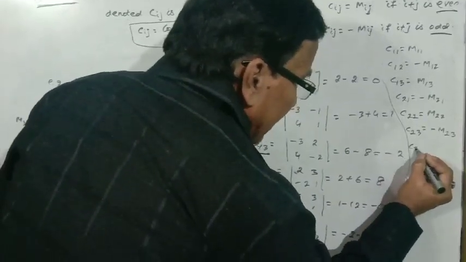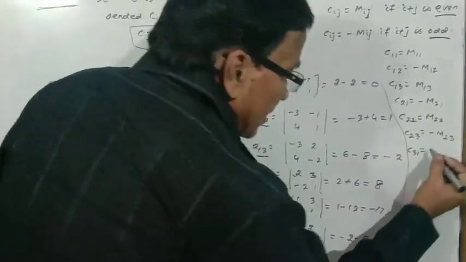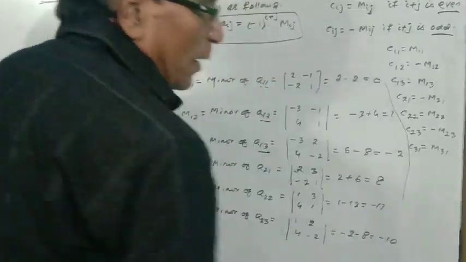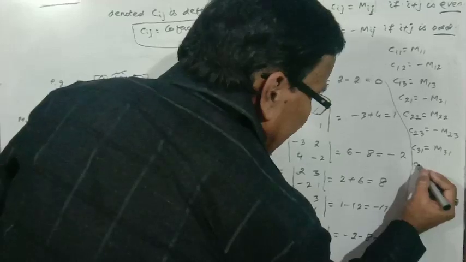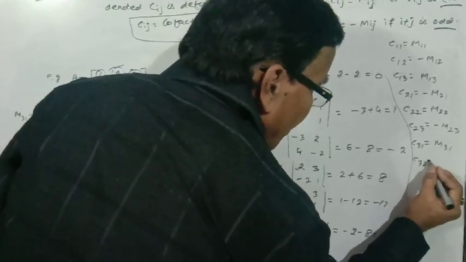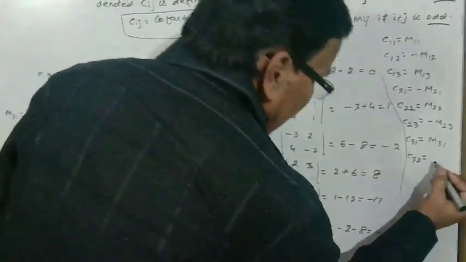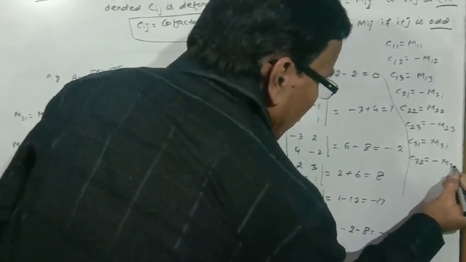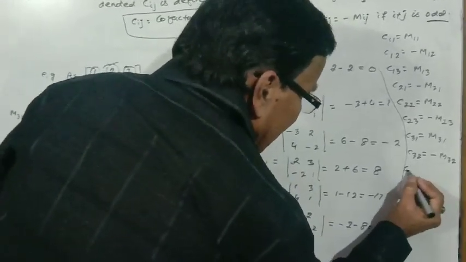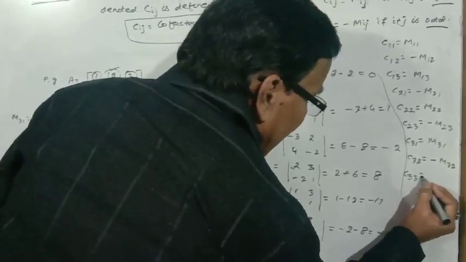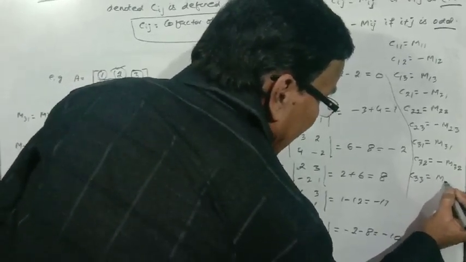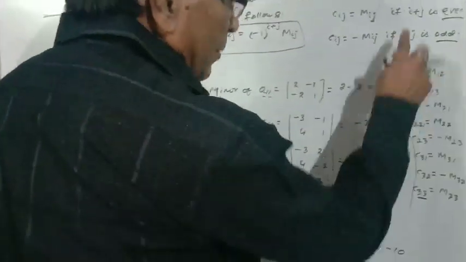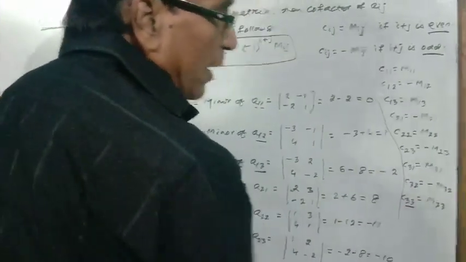Again, C31 is equal to M31, since 3 plus 1 is even. Again, C32 is minus of M32. Lastly, C33 is equal to M33, because 3 plus 3 is equal to 6, which is even.